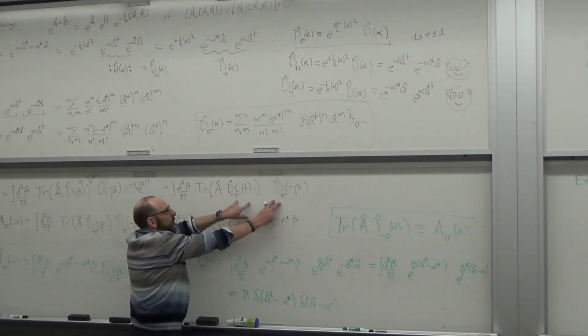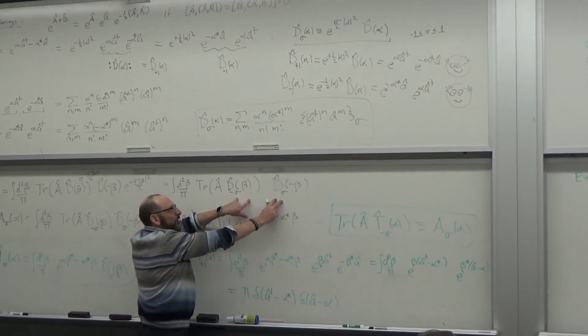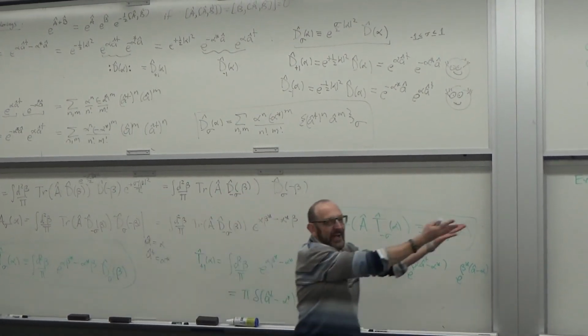We said that the plane waves represented an orthonormal basis. If I Fourier transform it, I get the delta functions.